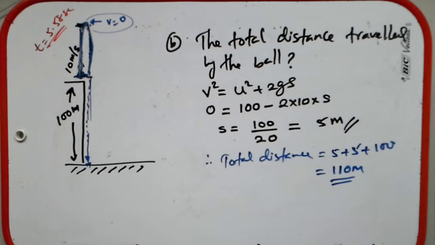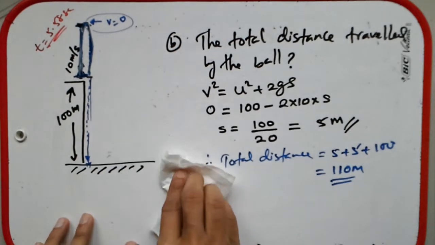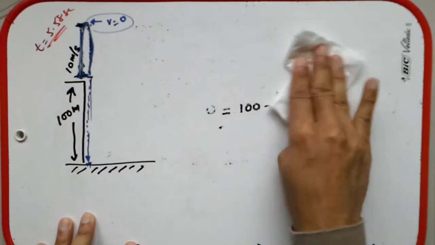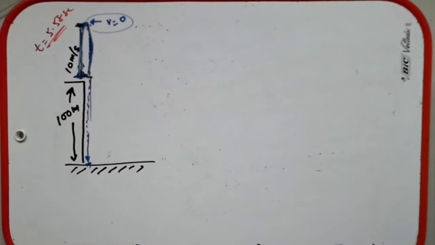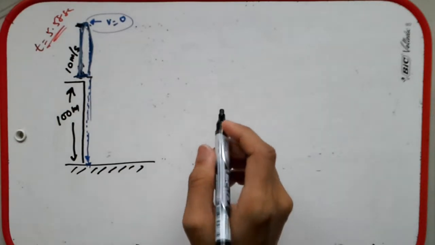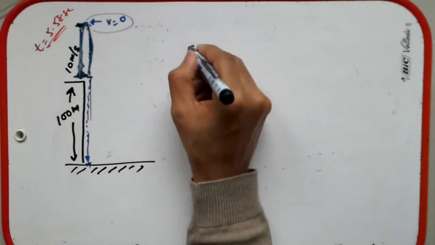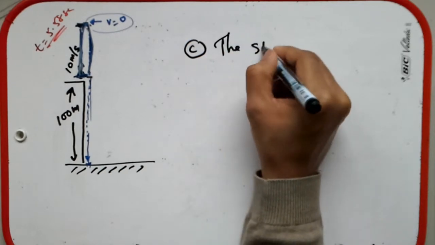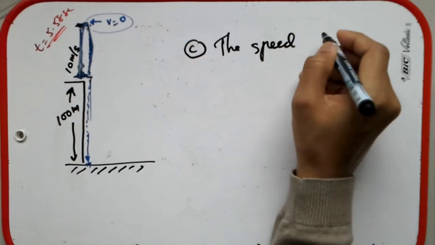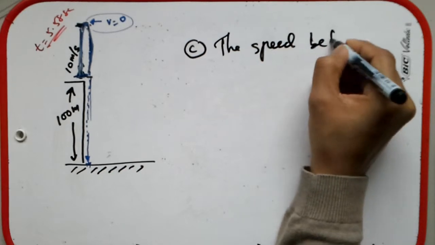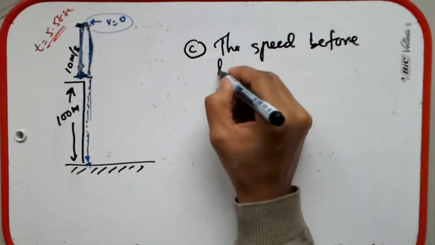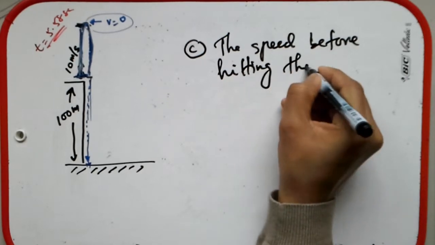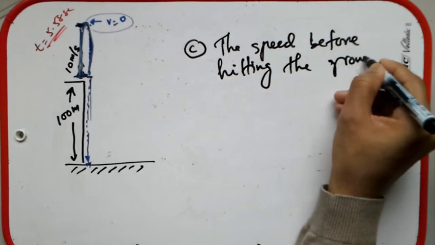The third part of the problem is the speed before hitting the ground.